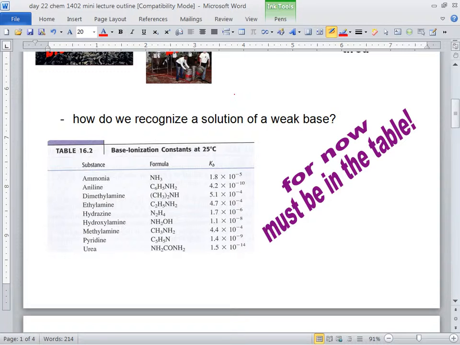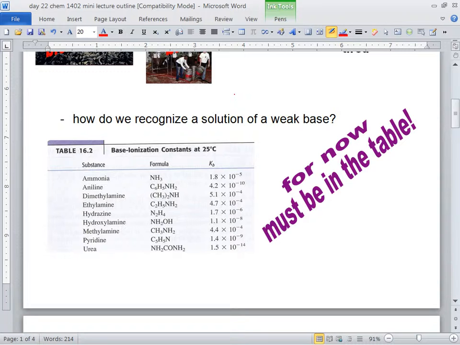It's got to be in the table, right? So that's what we're handling today. It's got to be in the table. Next class period, we'll handle a whole new class of them. But the point is, right now, they got to be in the table. So you put any of these compounds in water, and it's going to be a basic solution.